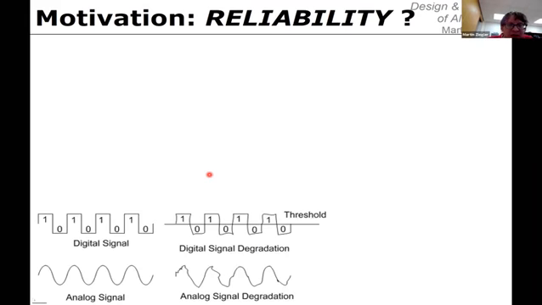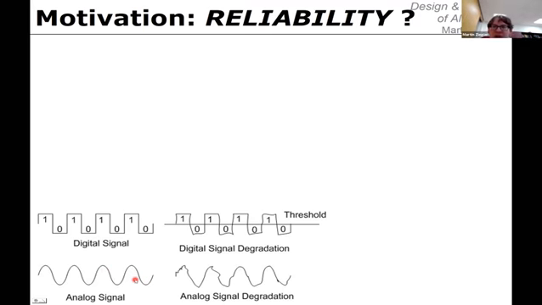So here you see two kinds of signals. A digital signal consisting only of a sequence of zeros and ones with different, let's say, voltage levels, and an analog signal where not only 0 and 1, but also all values in between can occur.